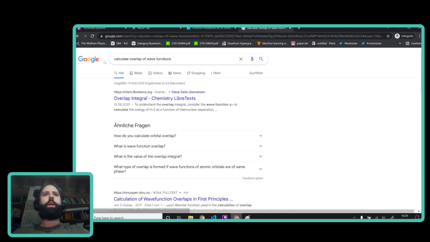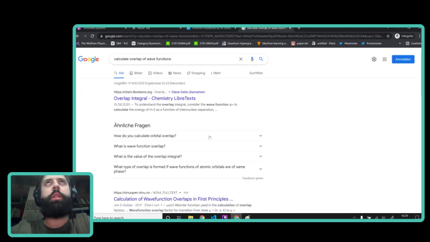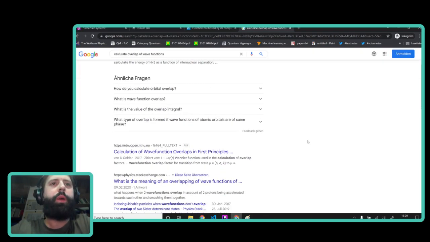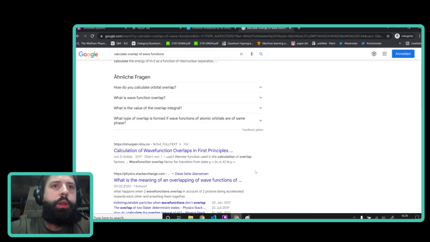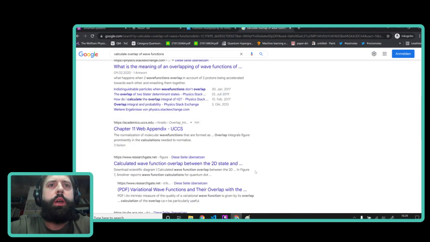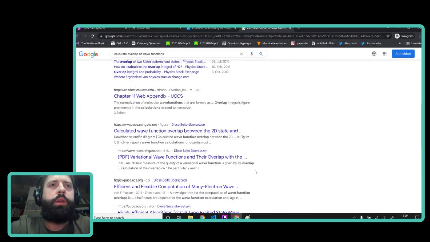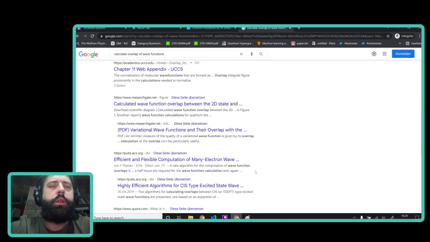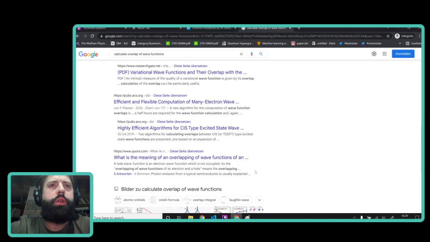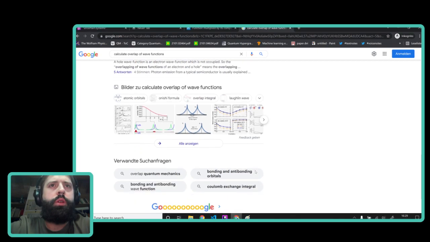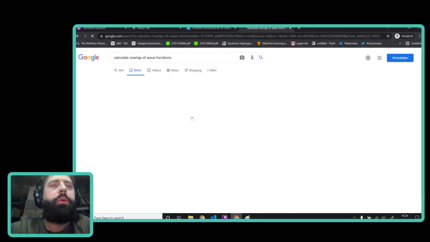Because I still have trouble with the interpretation of why I would multiply by the complex conjugate in this case, right? Okay, look at this. Maybe we'll get it from this picture.